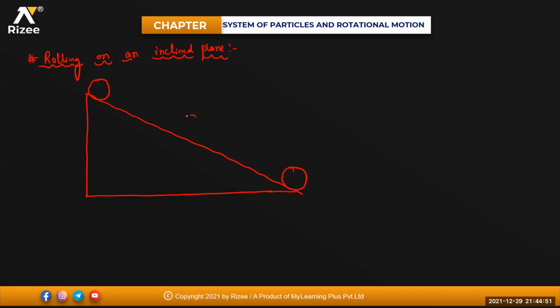So when it is rolling, initially it is starting from rest. So initially v is 0, omega value is also 0. So this is your point A, this is your point B. Now here the velocity will be equal to VCM, and here it will be equal to omega. And here also this will be equal to VCM, and this will be equal to omega. This one is making an angle of theta. And this is the height from which it is dropping.